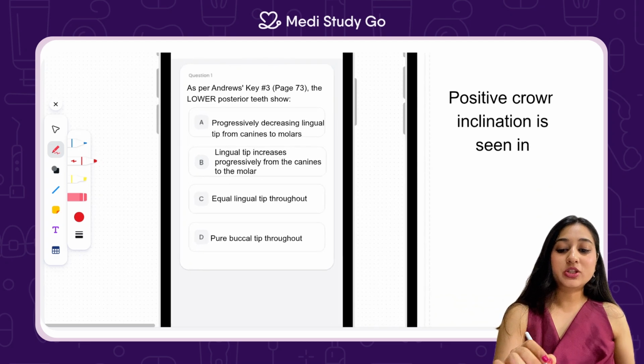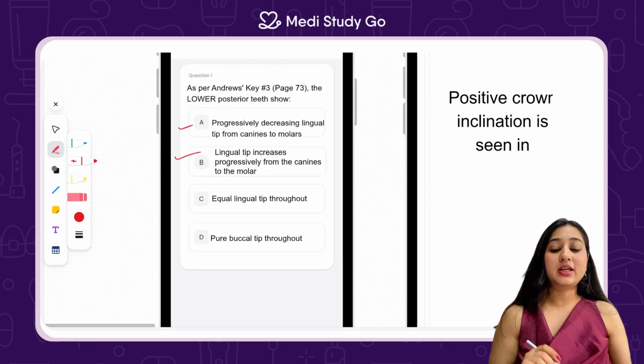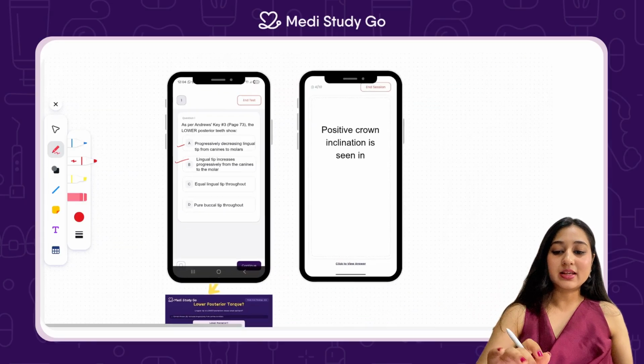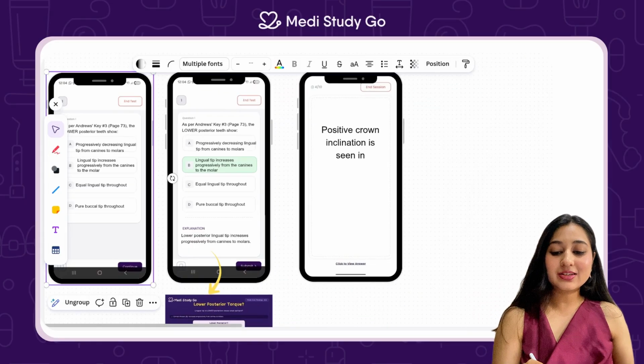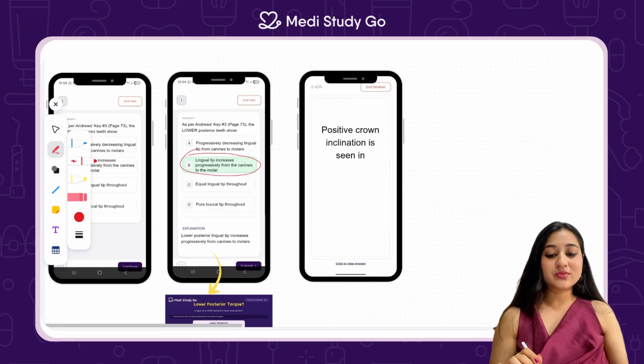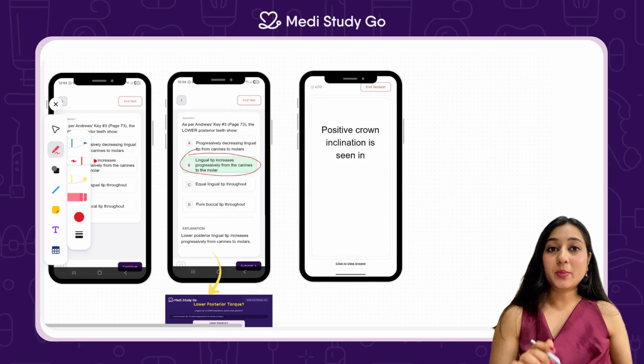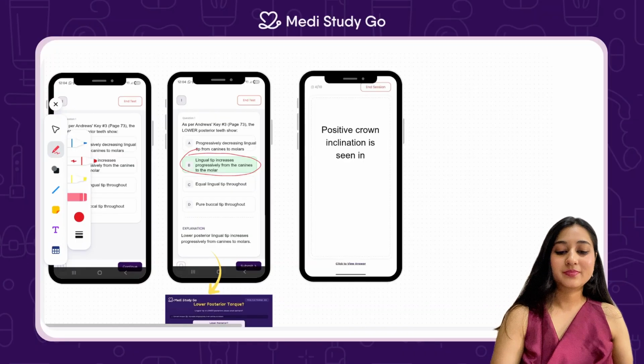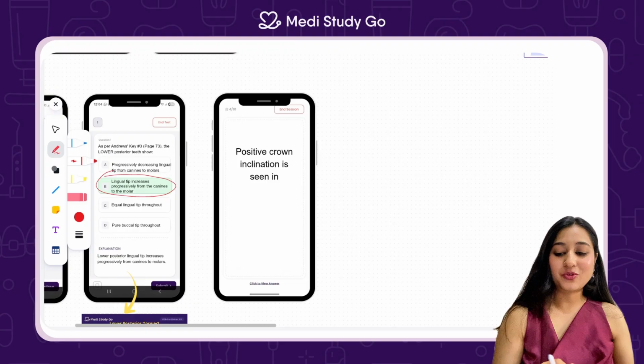This brings us to option A and option B. What could be the answer? The answer is B, which is lingual tip increases progressively from the canine to the molar. So remember this, that in the mandibular arch, the lingual tip gradually increases from the canine to the molar. Next is the flashcard for today.